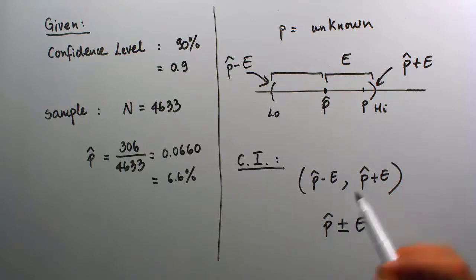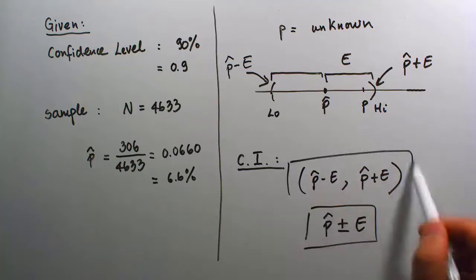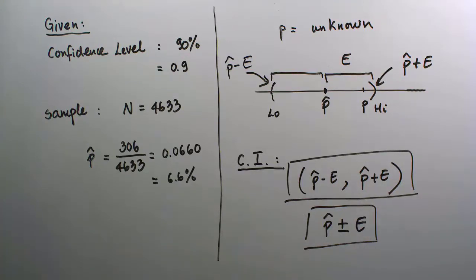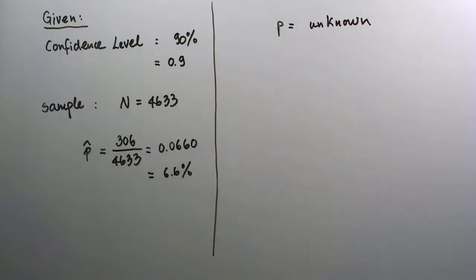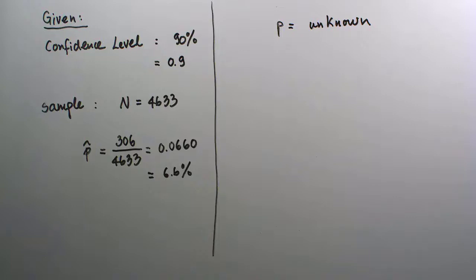So these are two different ways of how we can find our confidence interval. Everything just now was a brief review of what we've learned from the general lecture about how to find a confidence interval.